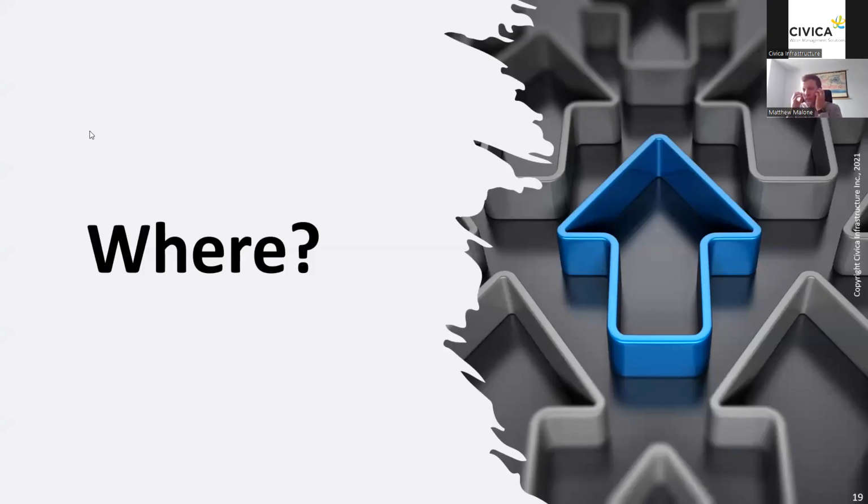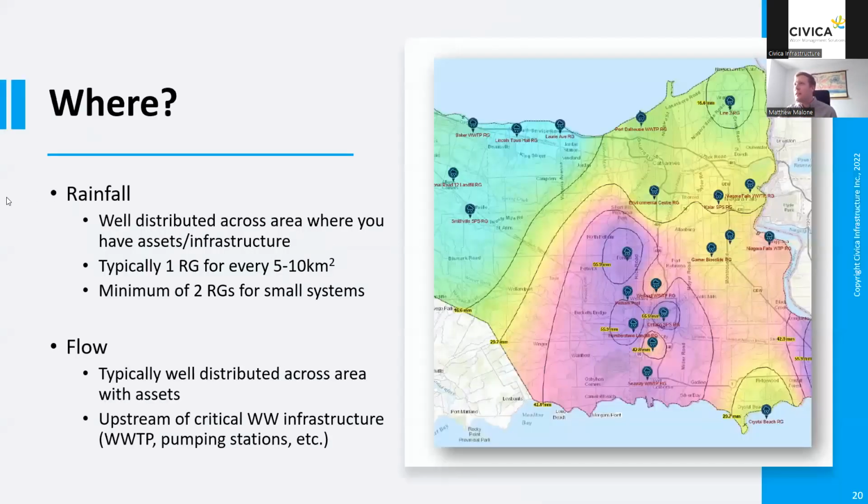So this is an interesting question. Where in these systems do we do these activities? I kind of have a catch-all for both rainfall and flow monitoring. You try to distribute these measurements well across where you have these assets or infrastructure.